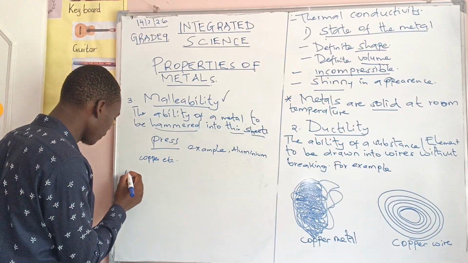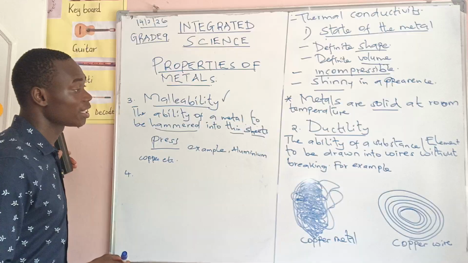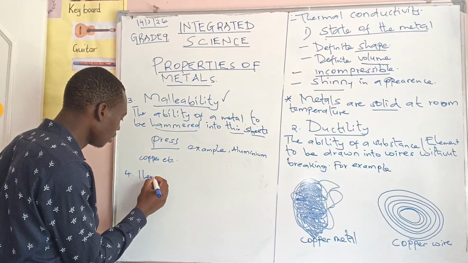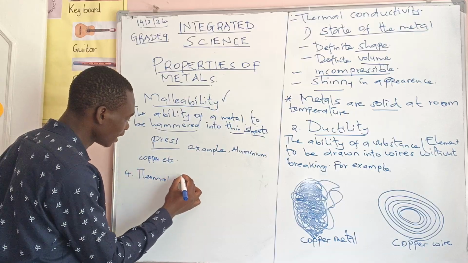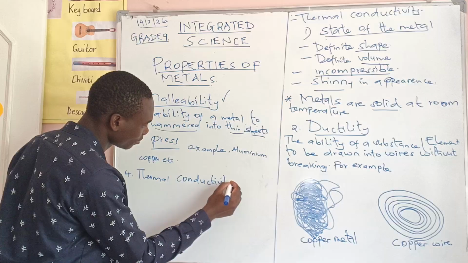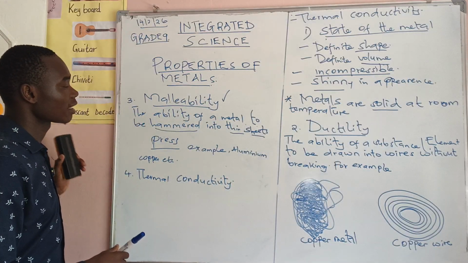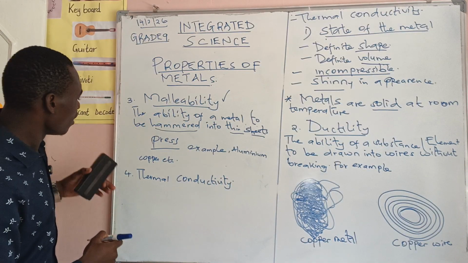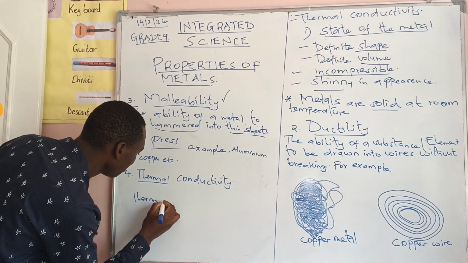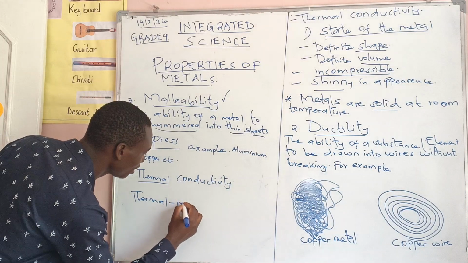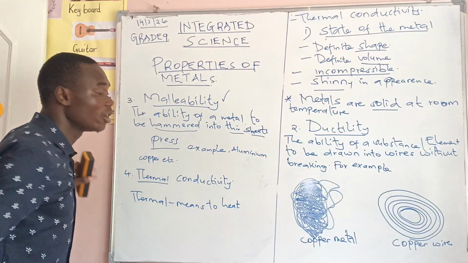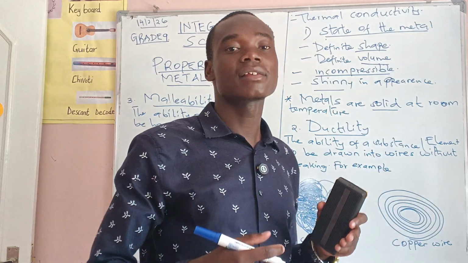Now, number four property of metal. That is thermal conductivity. Now, thermal comes from the word heat. So thermal basically means heat.